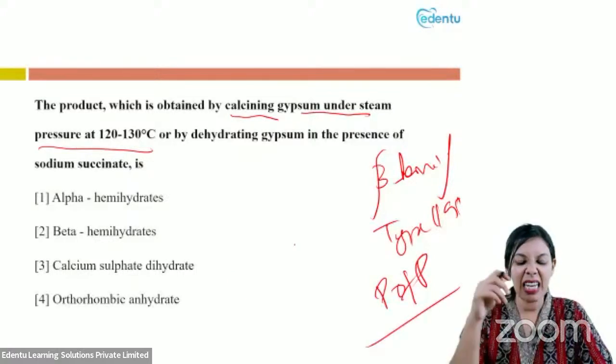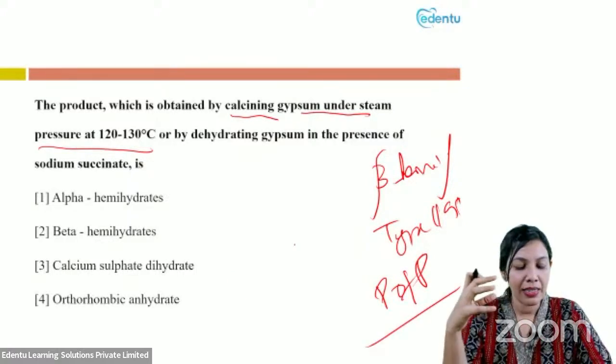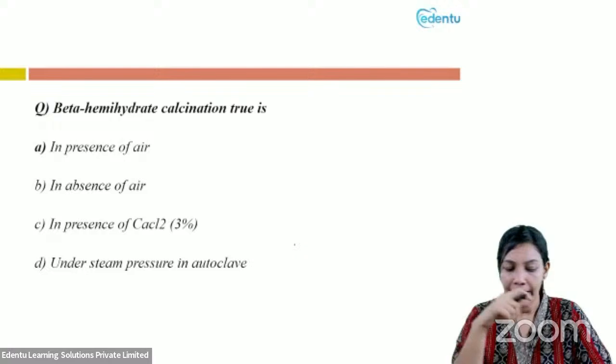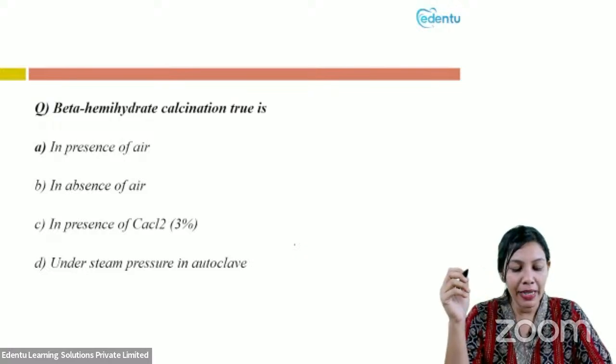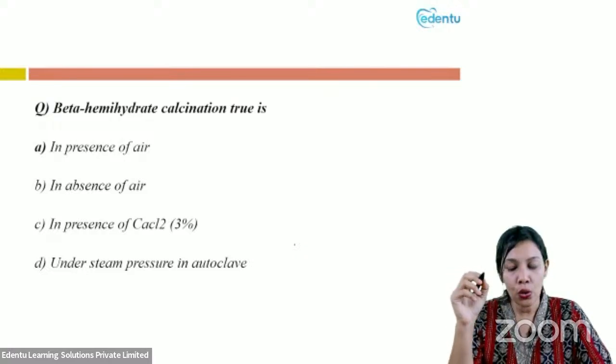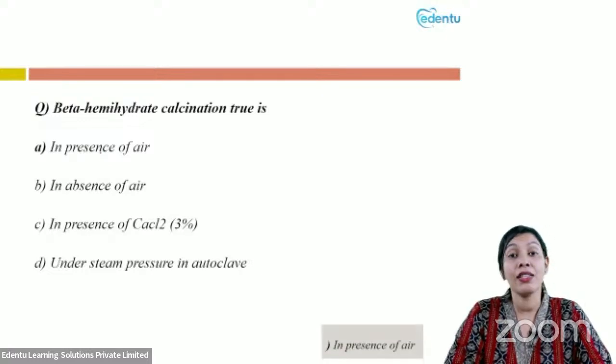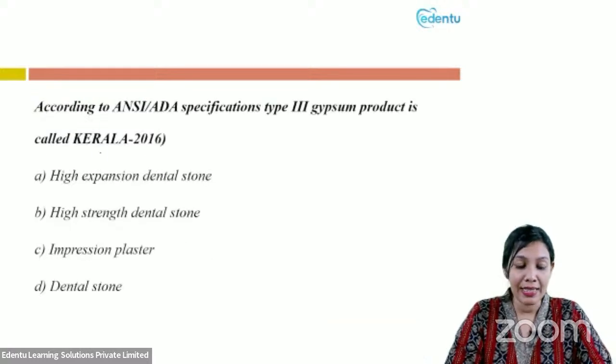Since it is under a very hard steam pressure of 120 to 130 degrees, it is actually the alpha hemihydrate, right? The next question: beta hemihydrate calcination is true in which case, in presence of air or in absence of air? Beta hemihydrate, of course, in the presence of air. That is the answer.